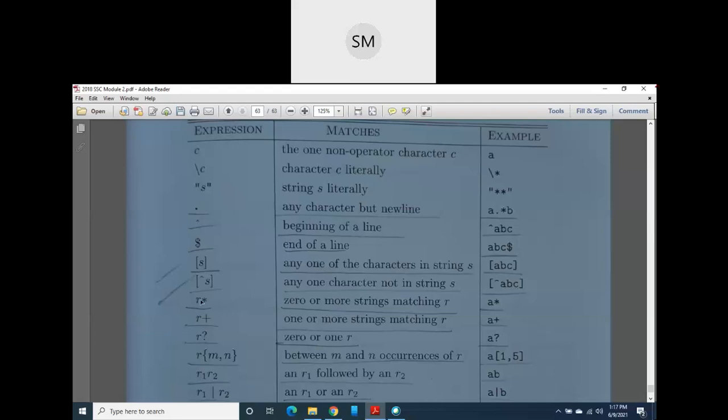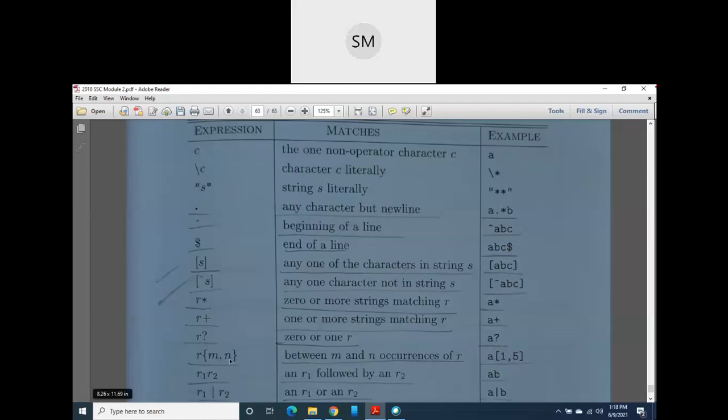Then R star: 0 or more strings matching the regular expression or regular definition R. So A star, example you already know. R plus is going to match one or more strings, for example A plus. R question mark: 0 or 1 R, that is 0 or 1 regular expression, for example A question mark.